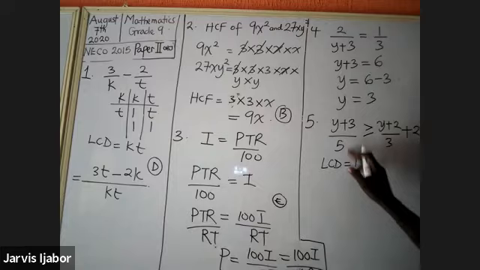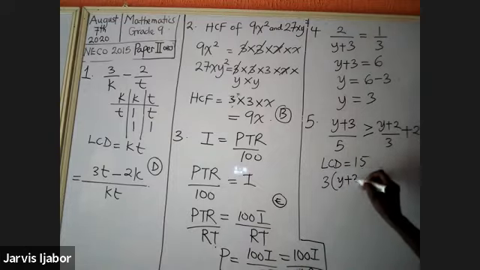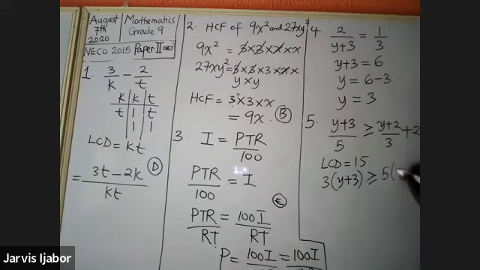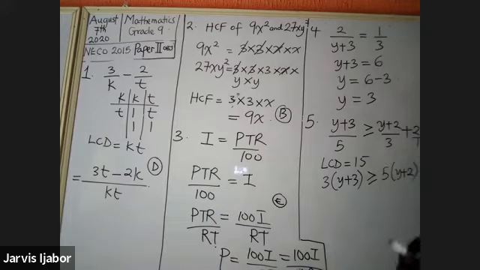If I multiply this by 15, I'm going to get 3 into (y plus 3) greater than or equal to 5 into (y plus 2) plus this 15. You know, this is 2 over 1. So this 15 divided by 1 is 15 times 2. That will give me 30.